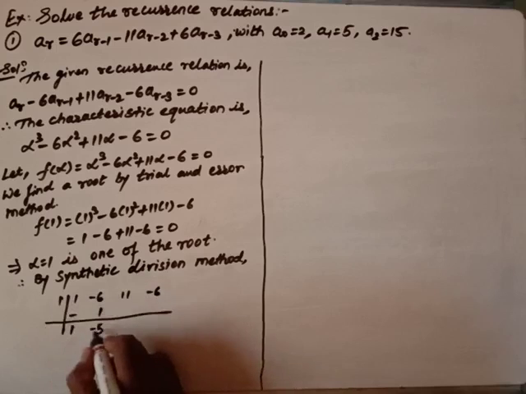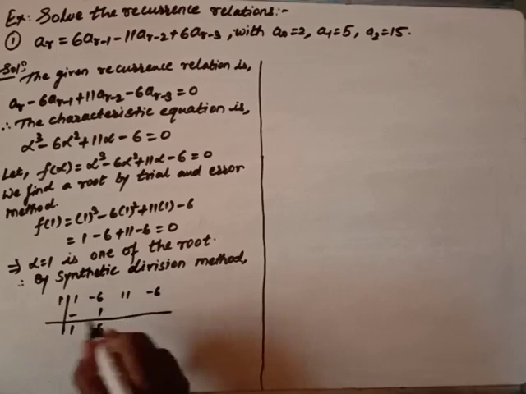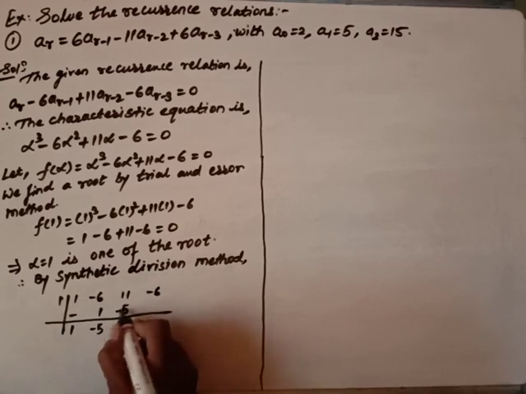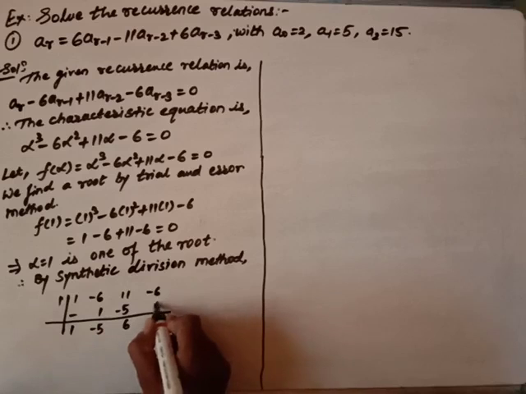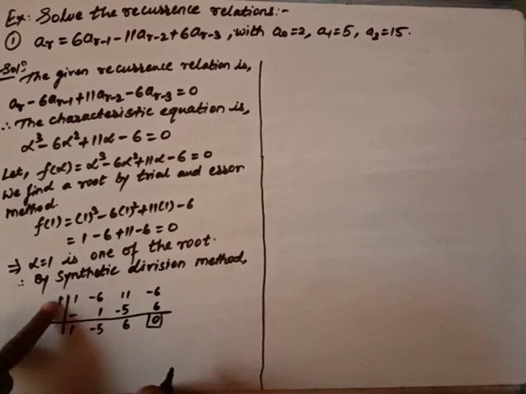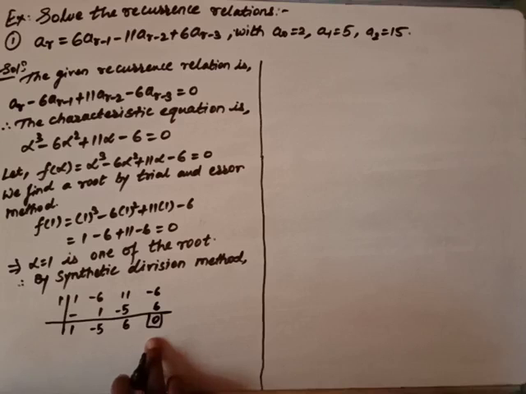Then again take the product: minus 5 into 1 will be minus 5. Again add them, it will be 6. 6 into 1, we write that here, and this addition will be 0. Whatever number we write here, if it is a root of the given equation, then we always get a 0 here. Otherwise not.